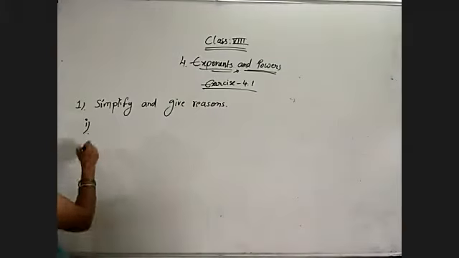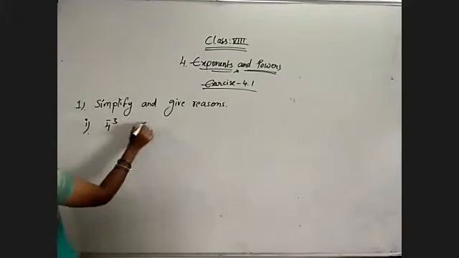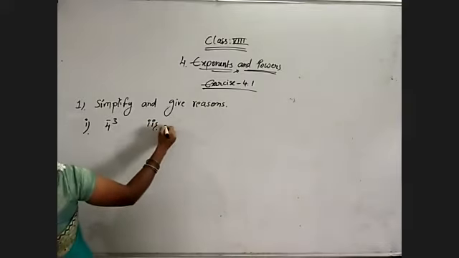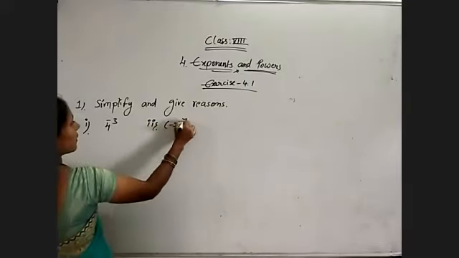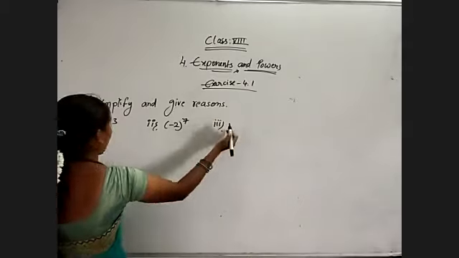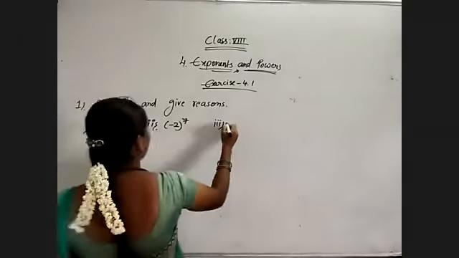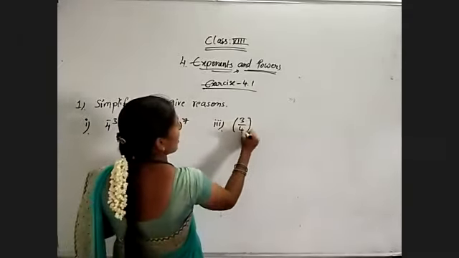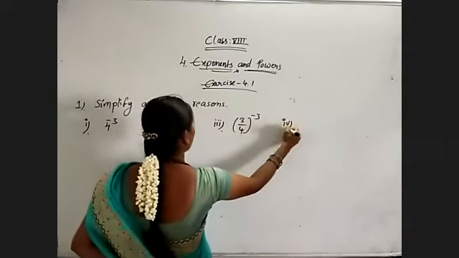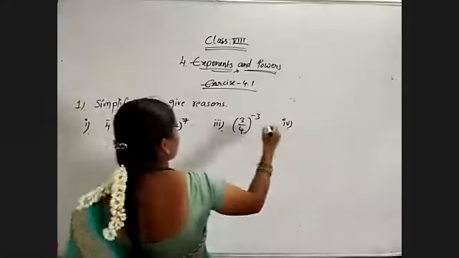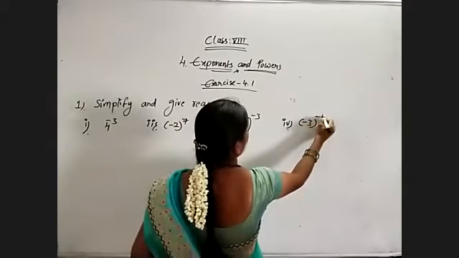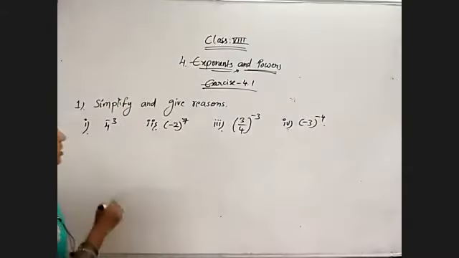Give reasons means which formula we are using, by which we are simplifying that number. 4 to the power of minus 3, and secondly given minus 2 to the power of 7, and thirdly given 3 by 4 whole power minus 3, and fourth question given minus 3 to the power of minus 4. So observe these answers now.